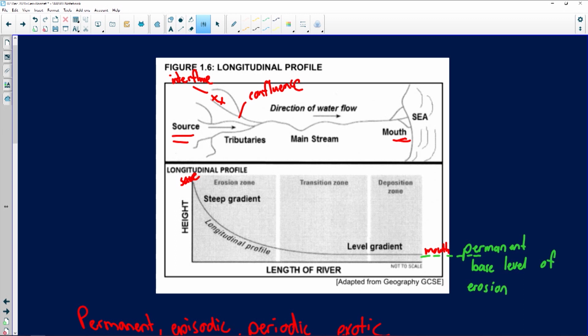It means the river can't erode any further than this. As you can see, very importantly, look at this beautiful concave profile. This is known as a graded profile. It's beautifully concave in shape.